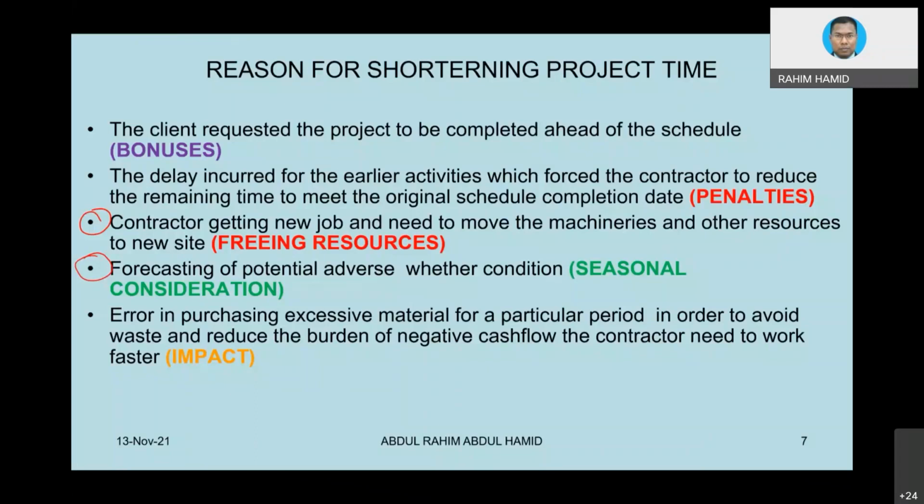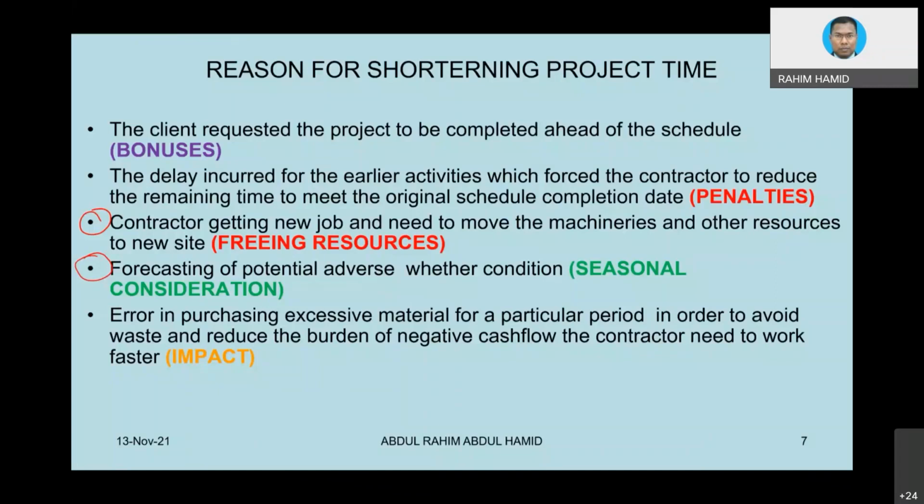Jadi maksudnya in 1 year we can only work in 10 solid month. Maybe 2 months, so last time basically at the end of the year is very difficult to do work because of rainy season.